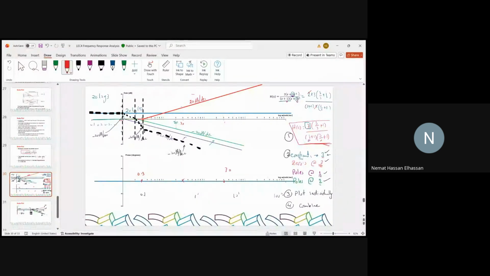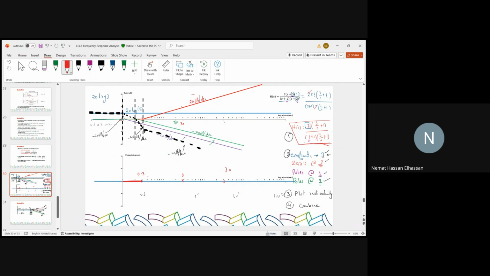My break frequency is here, 3. So I looked at 3 over 10, 3 multiplied by 10. Prior to the break frequency over 10, the phase will be 0. There will be no phase shift.